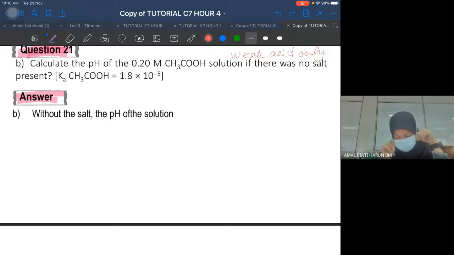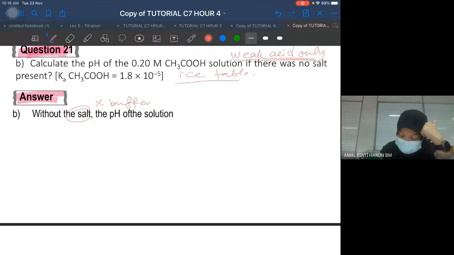Okay, sekarang kita kira dekat sini without the salt, meaning that it is not buffer. So kalau not buffer, it's weak acid only. So kita kena gunakan ICE table. So before you start the ICE table, we need to write down the dissociation of acid.